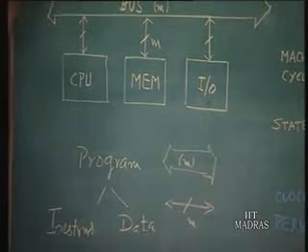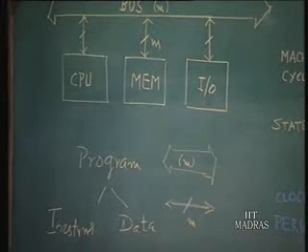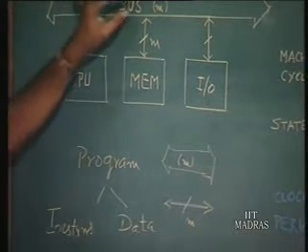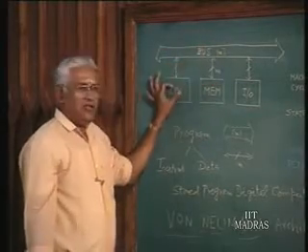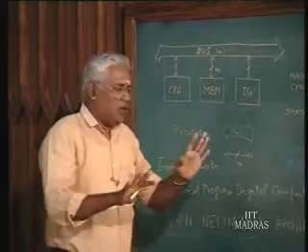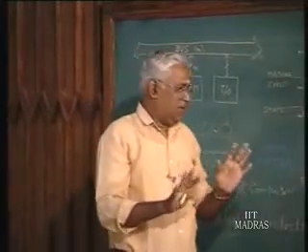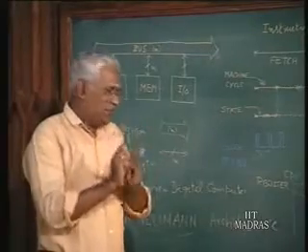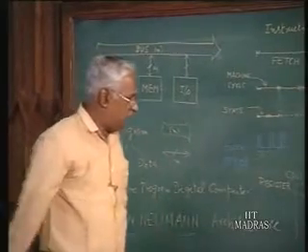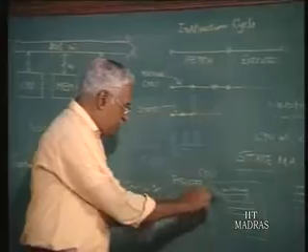Now that also let us note down. It will be meaningful to see that the bus width, the memory word width and the CPU word width are all matching. They are all the same. It's meaningful, but remember it need not really be so all the time. Now let's come back to this register.